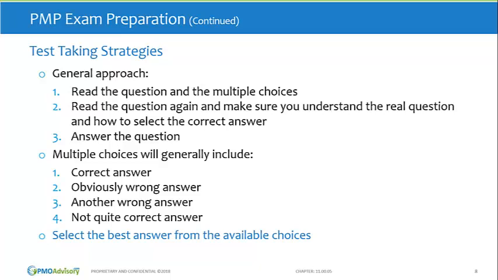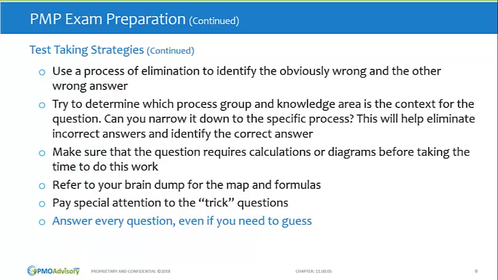There are 4 choices for each question, and they are usually defined by a correct answer, an obviously wrong answer, another wrong answer, and a not quite correct answer. Try to figure out which is which and select the best answer from the available choices. Use a process of elimination to identify the obviously wrong answer and other wrong answers.